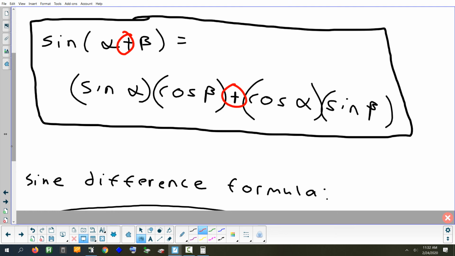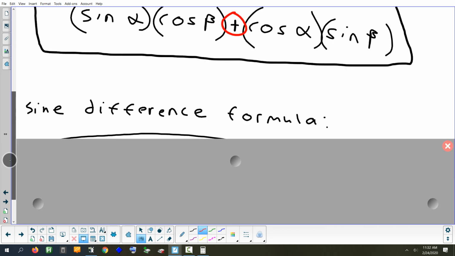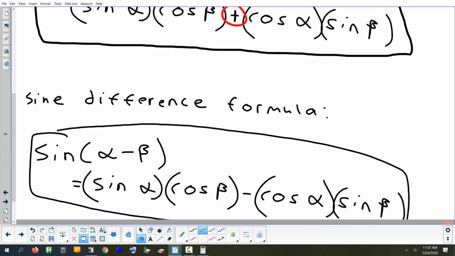Yeah, the sign. What would it change to? Negative. Yeah, the plus is going to go to a minus. So there's your sine difference. Still mixed. Sine, cosine, cosine, sine. First, second, first, second.